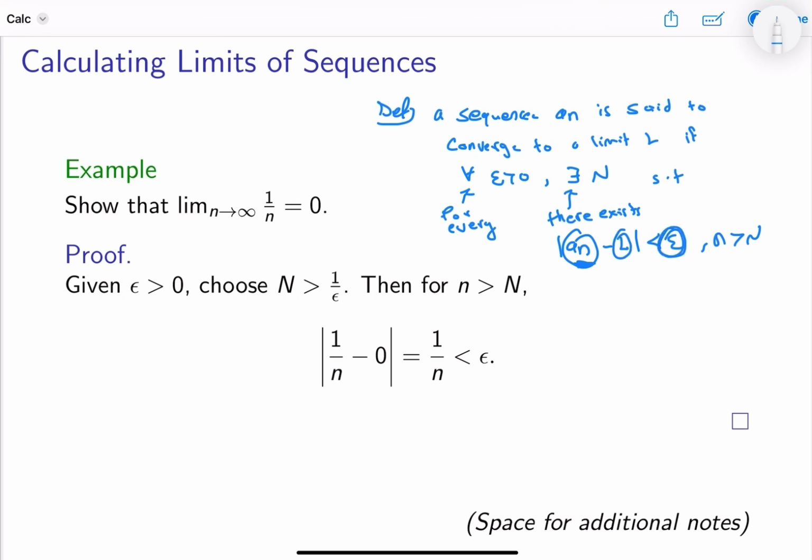So this is the definition of convergence, and a sequence whose limit doesn't exist was said to be divergent, right?